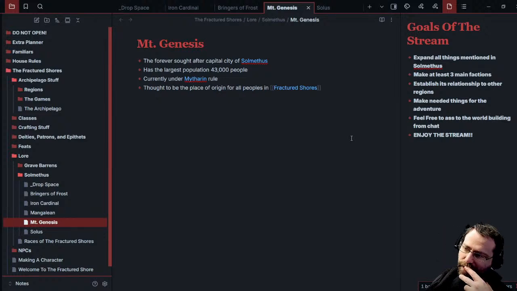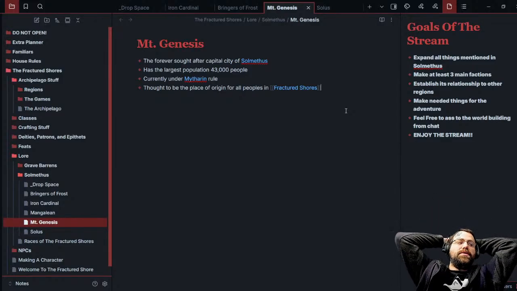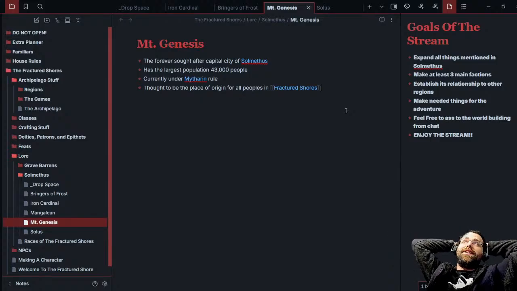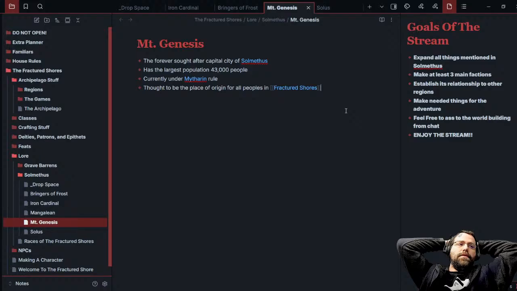Let me think here. Do I need anything else from Mount Genesis right now? At least in terms of how it portrays to future games. I don't need any of the current information that the current running games have on this place. That's unnecessary.